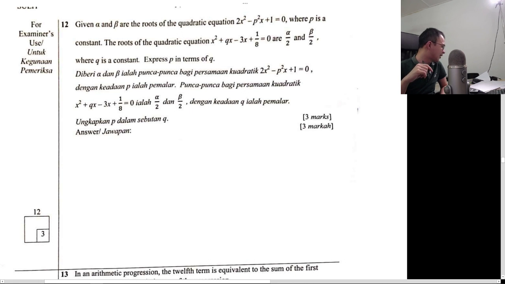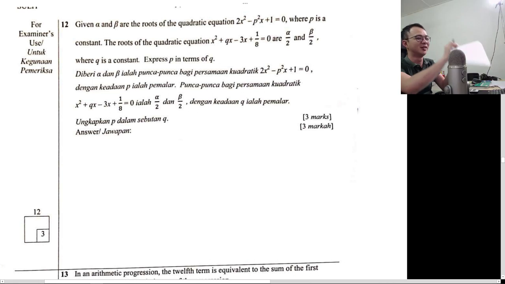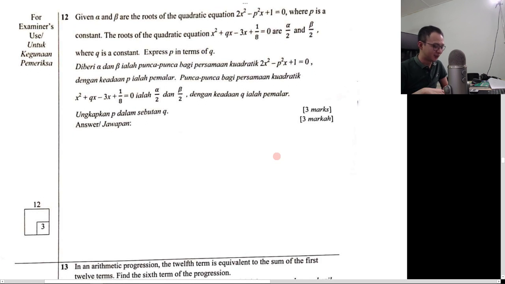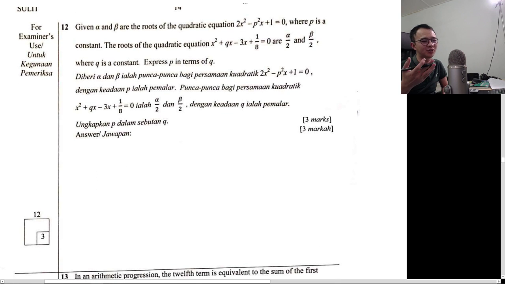Yeah, I guess maybe you draw the graph also, because I checked the marking scheme and they also draw the graph here. So maybe you just draw. But I'm not sure if you didn't draw, will they minus marks or not, as long as your working is correct. So if you are worried, you just draw the graph.